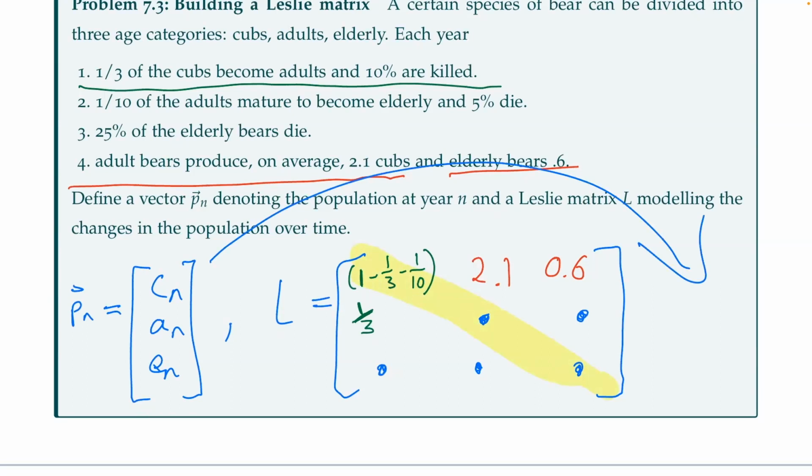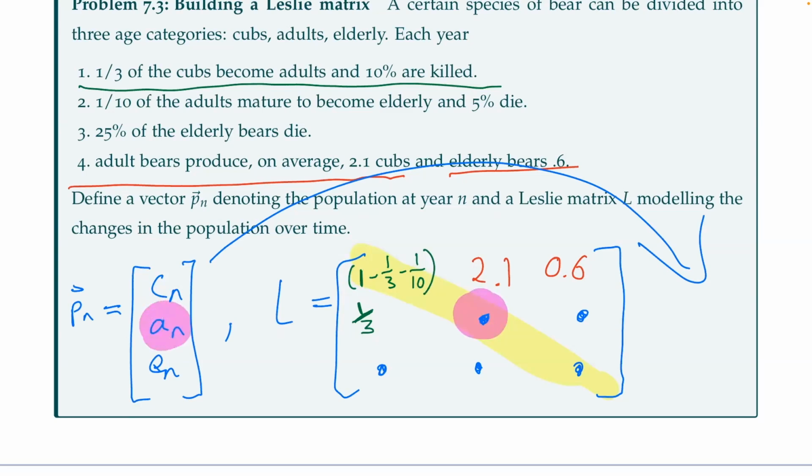If we think about the contributions into the next year, this element here is going to get multiplied by this Cn here. So this is Cn's contributing to Cn plus 1, things that survive into the next year. This element in the middle, second row, second column, is going to get multiplied by our An.